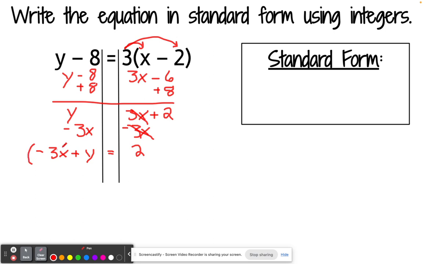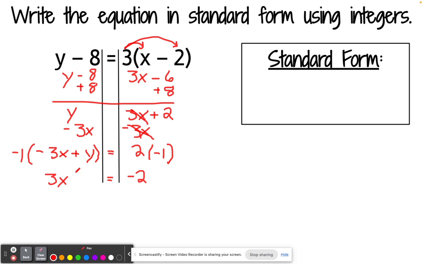I can multiply everything by negative 1. If I do that to the left side of the equation, I need to do it on the right side of the equation also. 2 times negative 1 is negative 2. That can be a negative number. That is fine. Negative 1 times negative 3x is positive 3x.